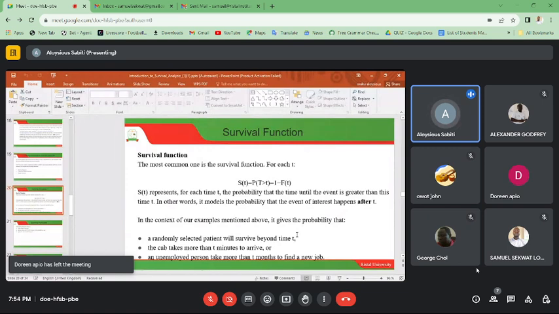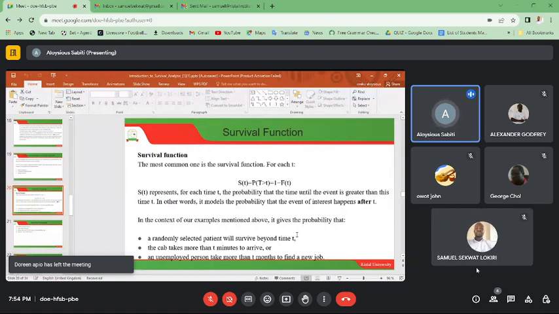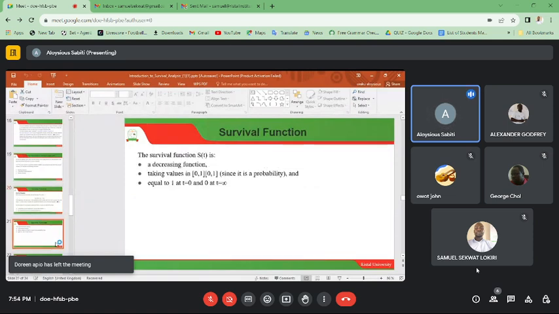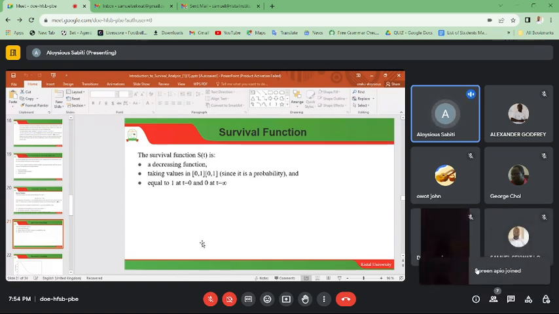And that is what we're looking at when we're discussing the survival function. So the survival function, S of t, is a decreasing function, taking values between 0 and 1 since it is a probability, and equal to 1 at t equals 0, and 0 at t equals infinity.